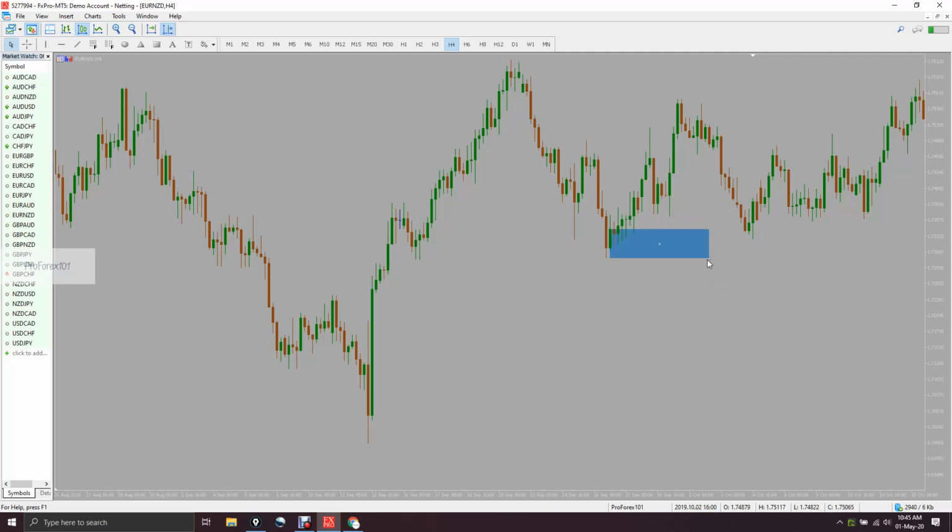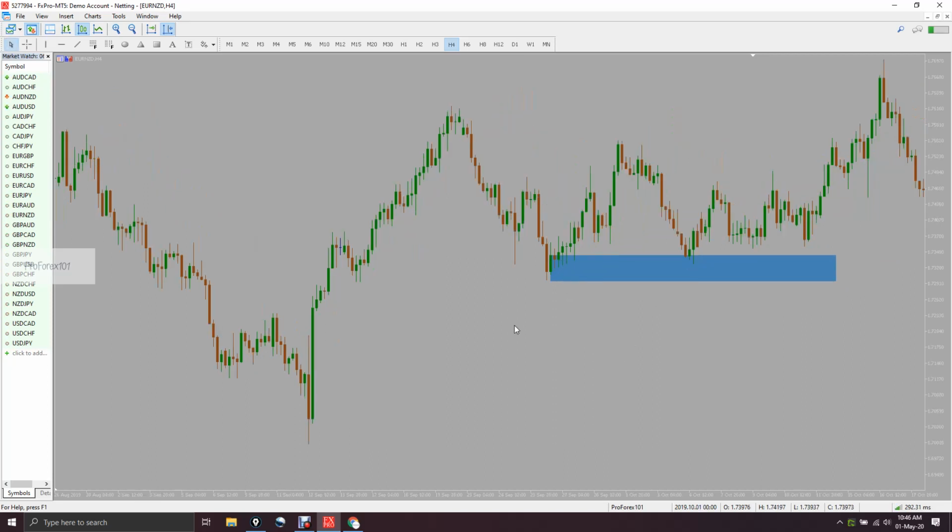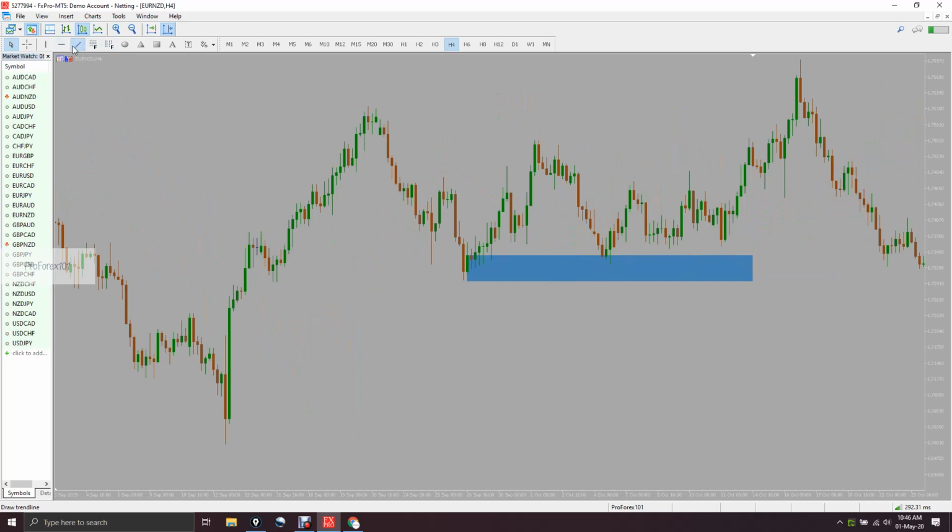And then also, guys, in the future you can see how that played a part in the market. This demand, how that played a part. Again, this here is a turnaround demand. Market comes down, hits your demand, and then continues long.